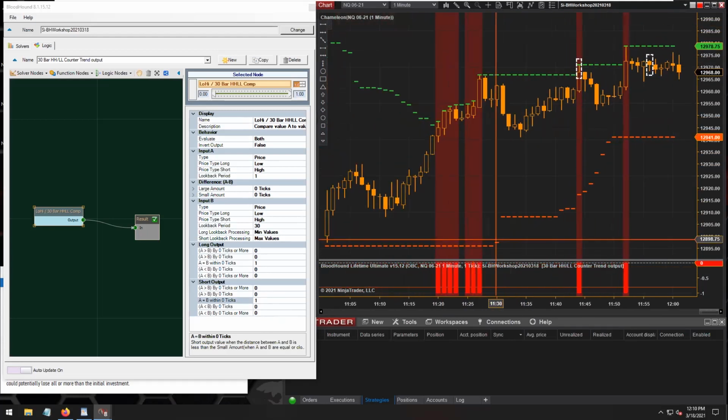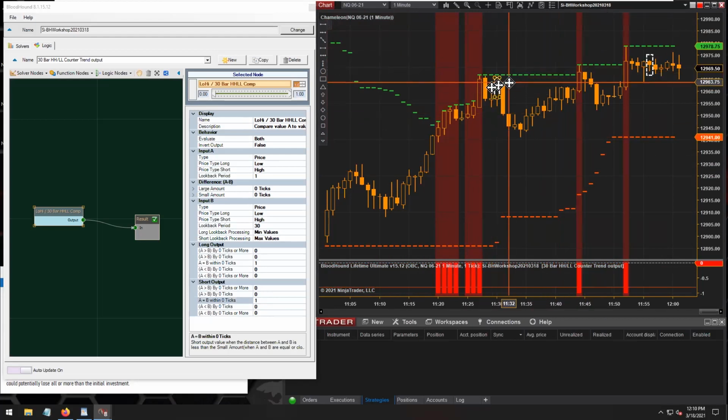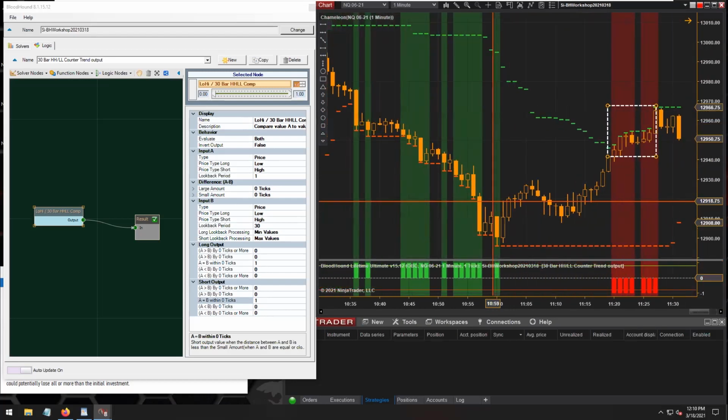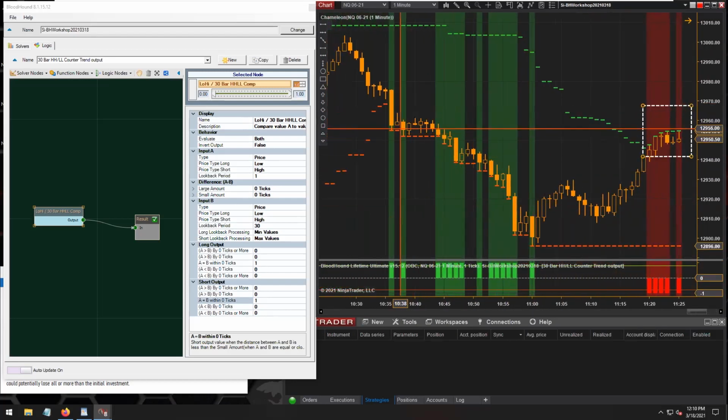Like that. Looking back here, new highs are made, and we're getting a short output, like so. And then if some new lows are being made, we're getting a long output there.